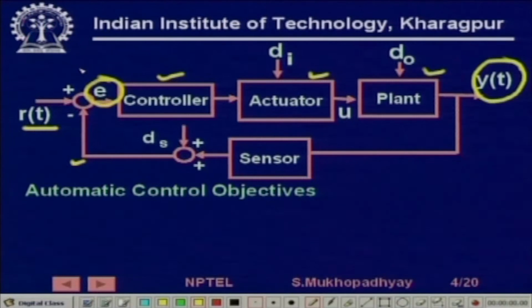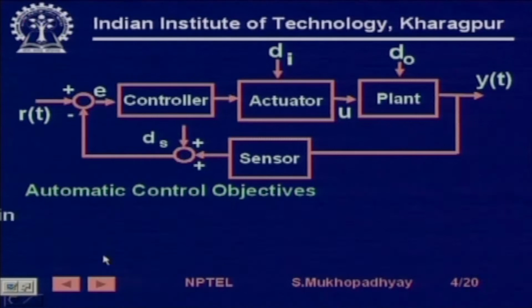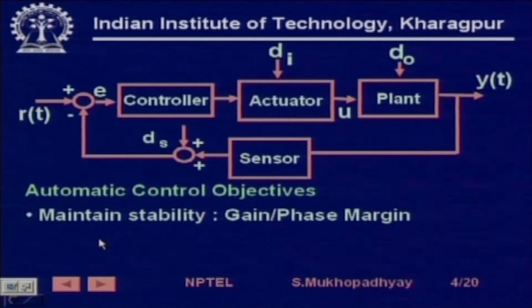What is the objective of automatic control? The objective of automatic control is firstly to maintain stability. What does it mean? It means that if we want to hold the output at a particular level, we should be able to hold it. It is not that the output will run away, or that the output will oscillate. We want quantities to reach certain values and stay there, that is roughly called stability.